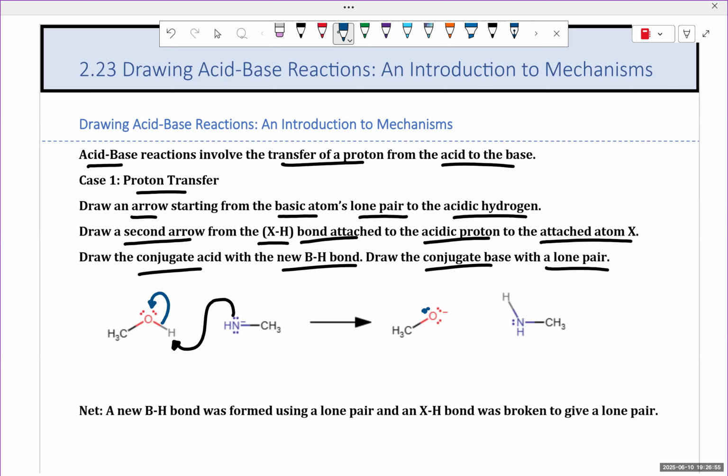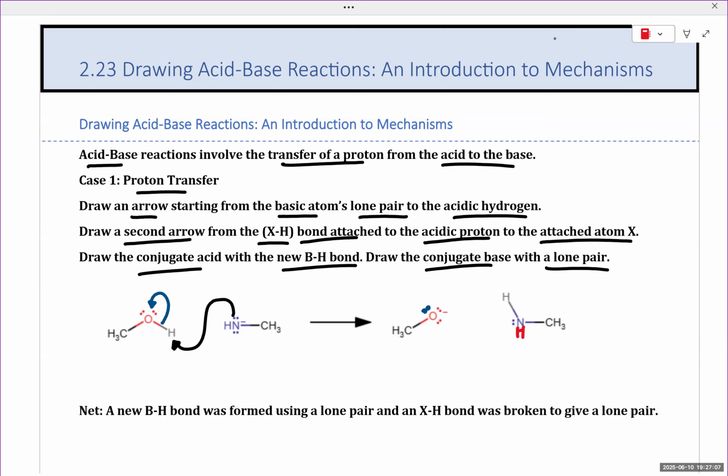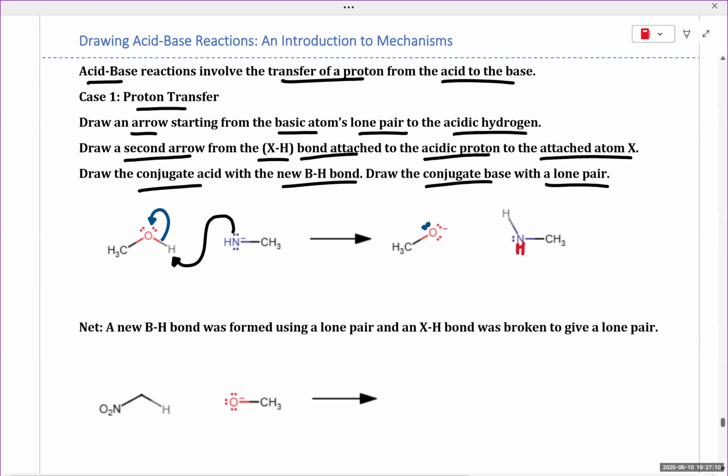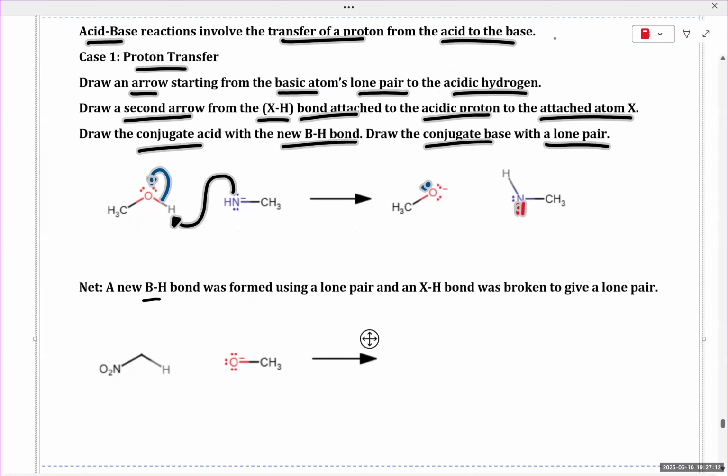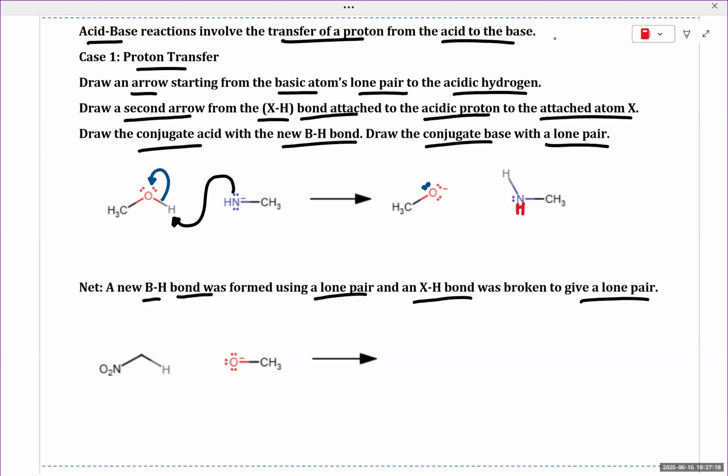This is why we end up with an extra lone pair and a negative charge on the conjugate base anion, and how we have a new nitrogen-hydrogen bond in the product. Net, a new base-hydrogen bond was formed using a lone pair, and the acidic hydrogen bond was broken to give a new lone pair.